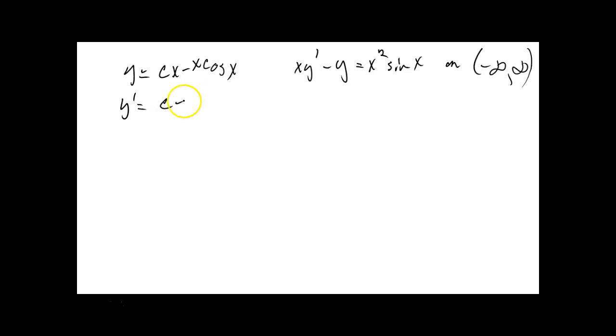Now you've got a product rule. What would that give you? Did you say x sine x? Okay, not quite. That would make that a plus, because the derivative of cosine is negative sine.